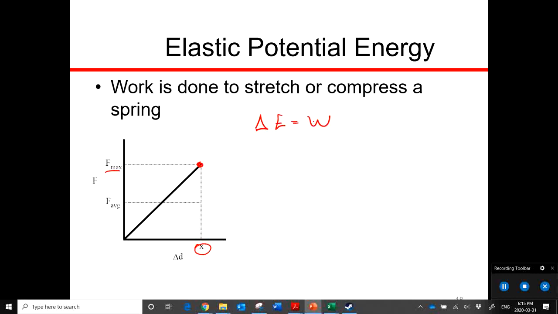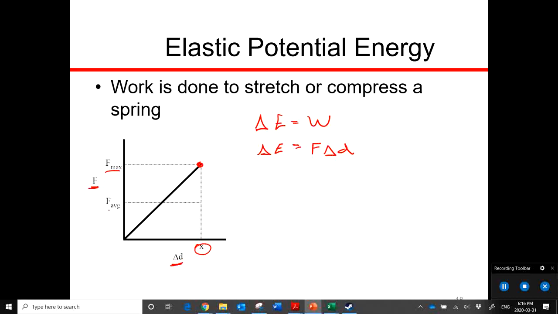This is how much work you input into a system to change that system's energy. Work is equal to a force times a change in distance. Now if we look at our graph, we have force on our y-axis and distance on our x-axis. So we can think about this in two different ways.